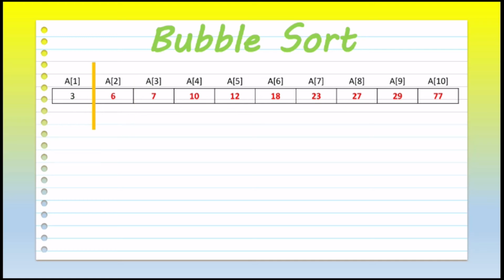So now there is only one element remaining, and it is automatically in sorted order. So in this way, by applying bubble sort, we can easily sort the given elements which are not in sorted order.